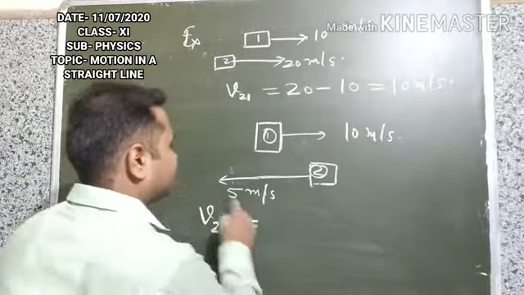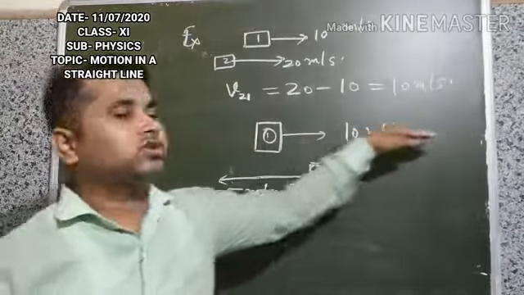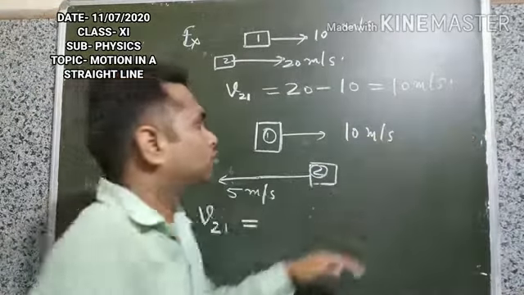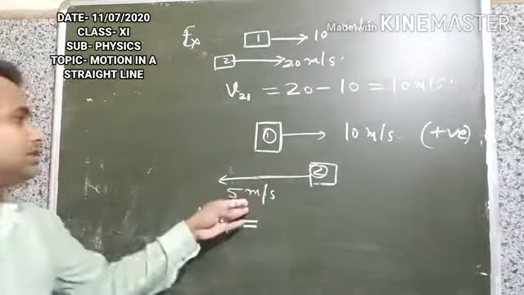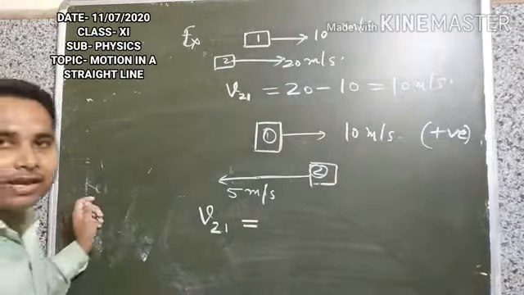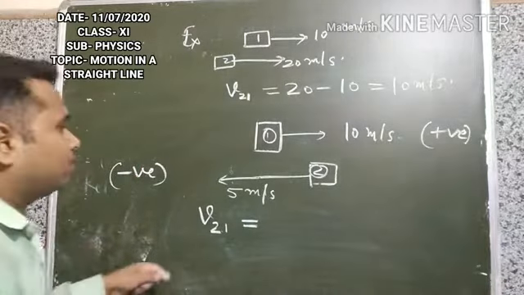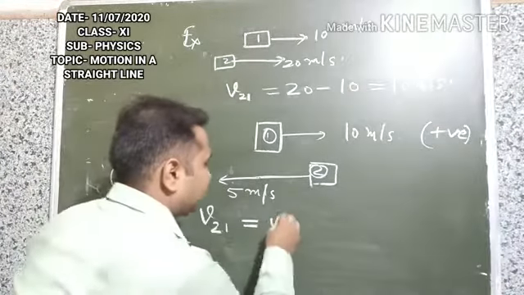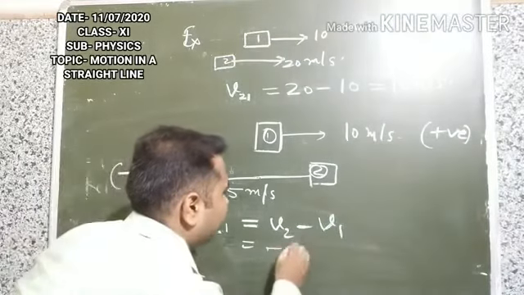It is equal to again v2 minus v1. See here, the first is going towards the positive direction, so we are taking it positive, and the second is moving opposite to the direction of the first, that is towards the negative direction of x-axis, so it will be negative. So v2 minus v1, v2 is 5, but we will write minus 5.